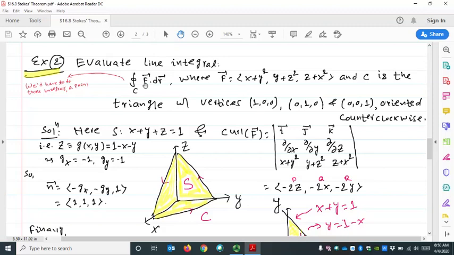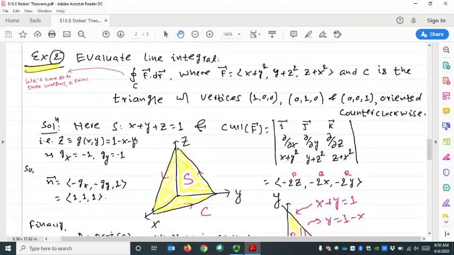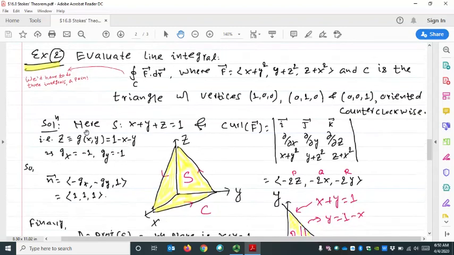So now here, instead of computing the line integral, we are computing the surface integral using Stokes theorem. Great. So first, what is our surface? Our surface is this triangular region with these vertices 1, 0, 0, 0, 1, 0, 0, 0, 1. Then the equation of the surface, with x-intercept 1, y-intercept 1, z-intercept 1, is x plus y plus z equals 1.